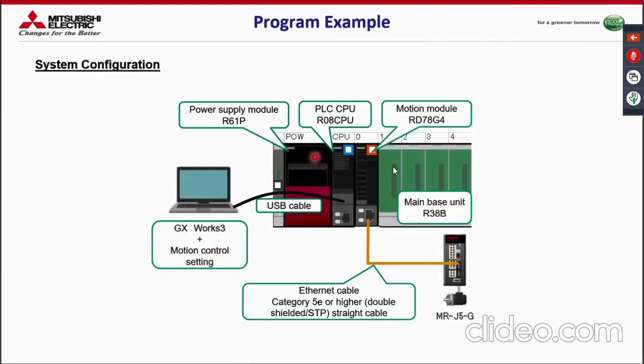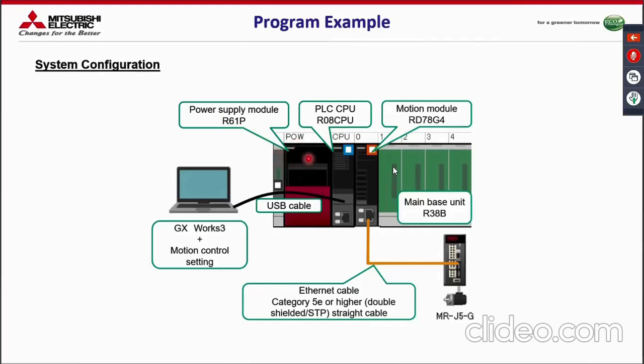On the other side, our R series PLC, then the R series motion model. That model should be RD78G4, G16, G8, or whatever, but it comes under the R series only. And this is our power supply. As you already know, we have one common base rack.